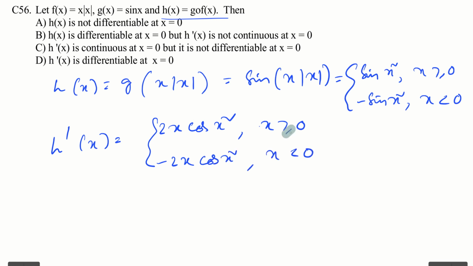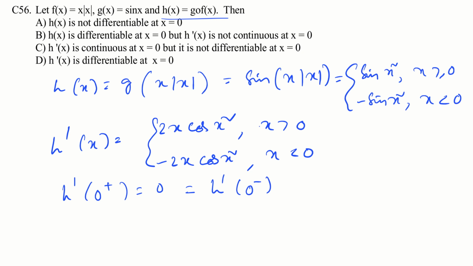Okay, we know that we don't get the derivative on the closed interval, but we get only on the open interval. Now I observe that h dash of 0 plus is 0 and h dash of 0 minus is also 0. Therefore h is differentiable at 0.